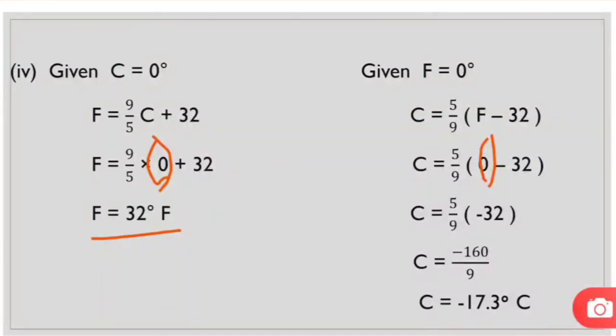Now here we cannot cut anything, so we will multiply it. So we will get C equal to minus 160 upon 9, because 32 5s are 160. Let us convert the given fraction into decimal, so we'll get C as minus 17.3 degree Celsius. So when the temperature in Fahrenheit is 0 degree, the Celsius temperature will be minus 17.3 degree Celsius.